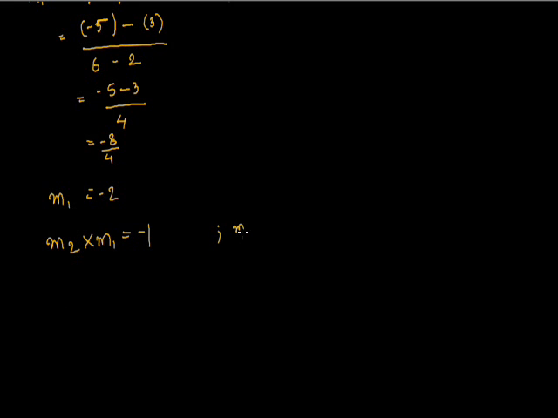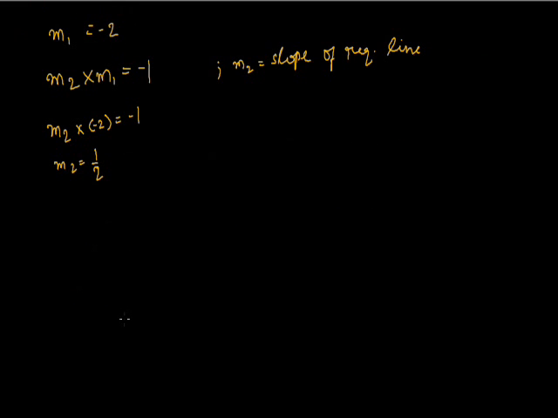Over here we are taking m2 as the slope of our required line. Hence m2 into -2 is equal to -1, and m2 is equal to 1/2. So the slope of the required line is m2 equal to 1/2.